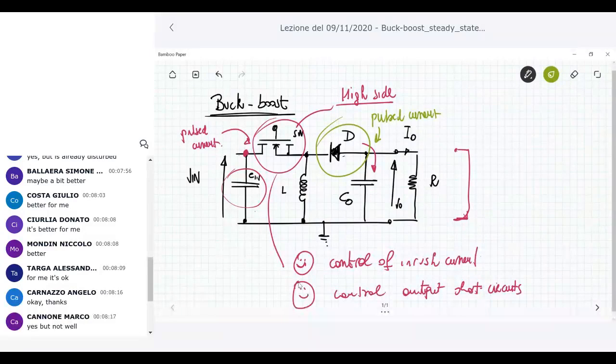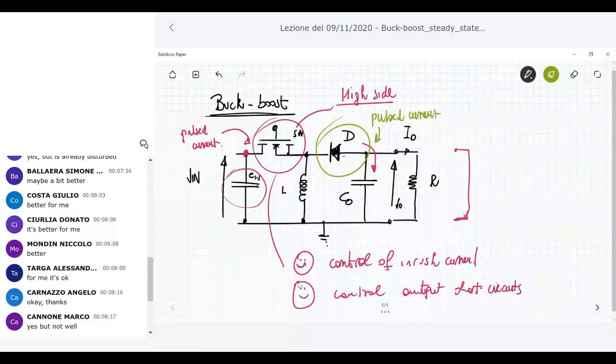Remember that for a buck converter, that happened just for the input side. For the boost converter, this just happened for the output side. Now the buck boost converter is a merge of the buck input side and the boost output side, and so it has problems both for the input and output side.